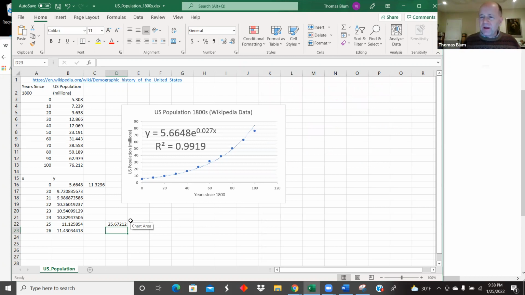So that is another way. So we had the rough way, looking at the data or the graph. We can fine tune it a little bit with Excel, or we can do this sort of more exacting math. But it's about a quarter of a century, or about 25 years for the population to double.